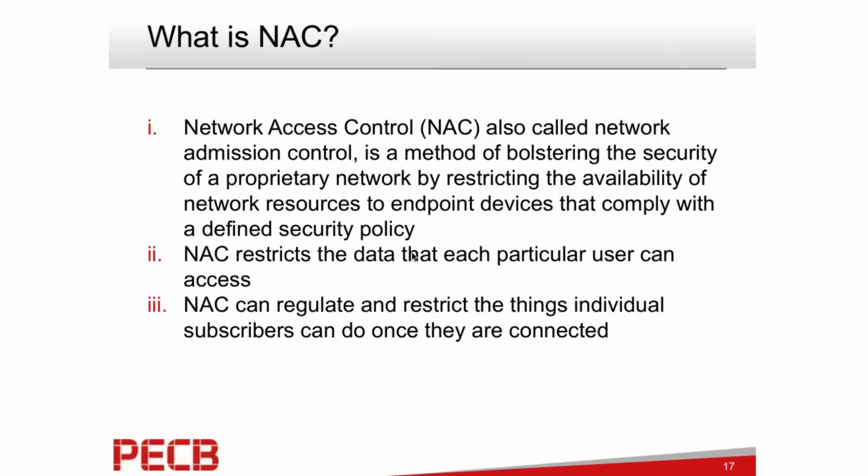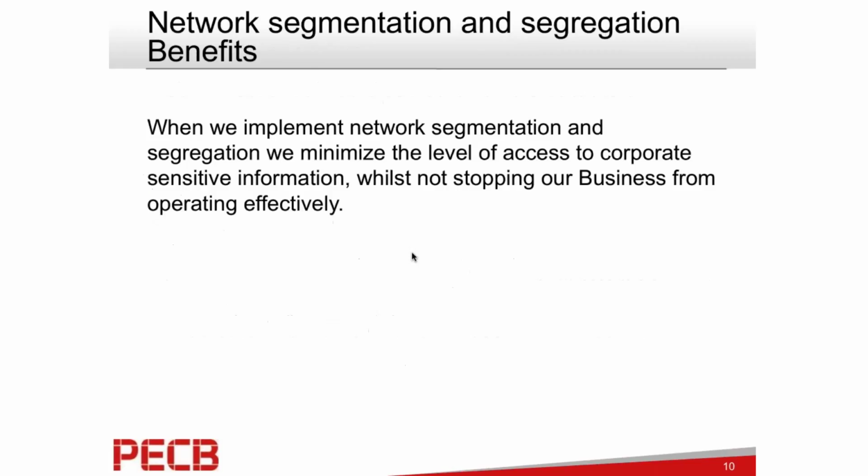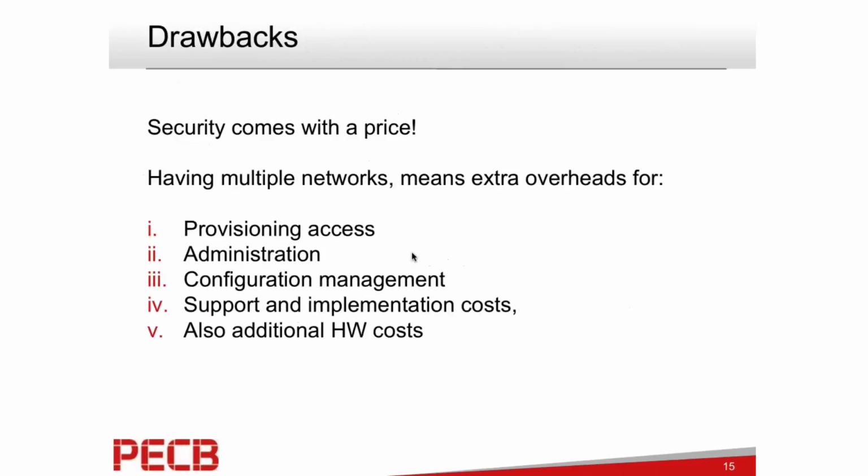Network access control, also called network admission control, is a way to perform network segregation. That's how you will enforce the rule set and the configuration of segmentation.